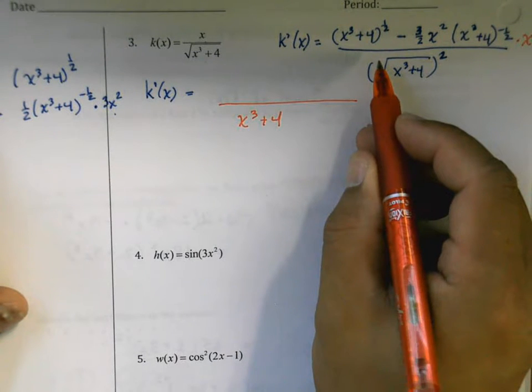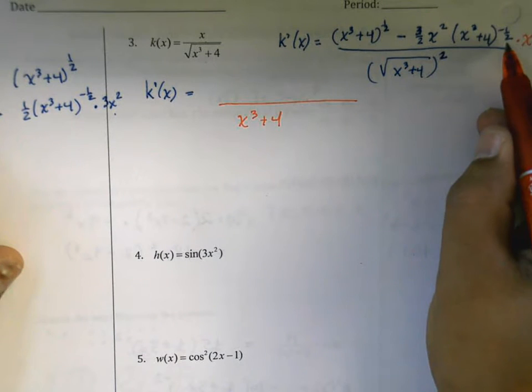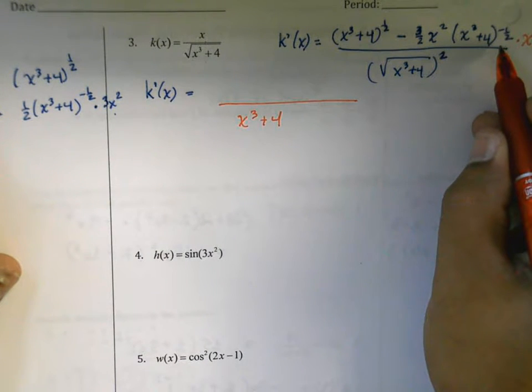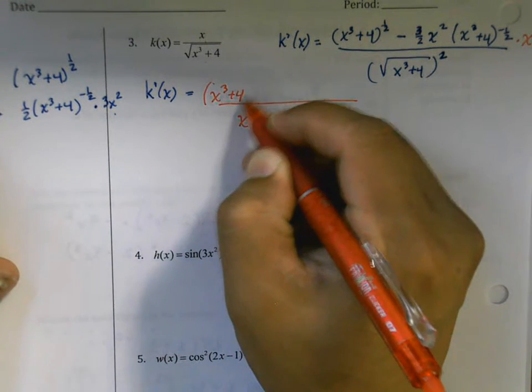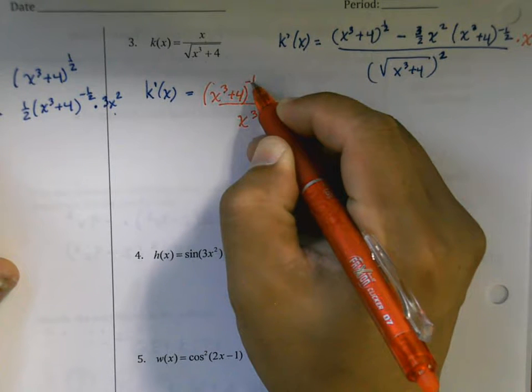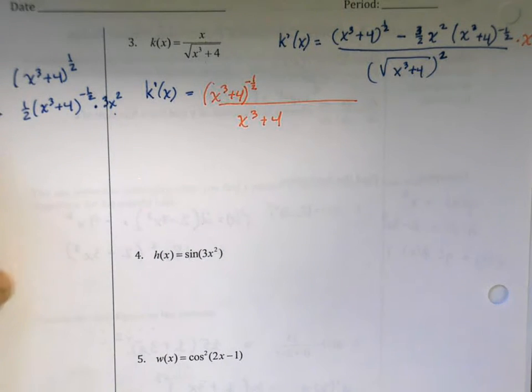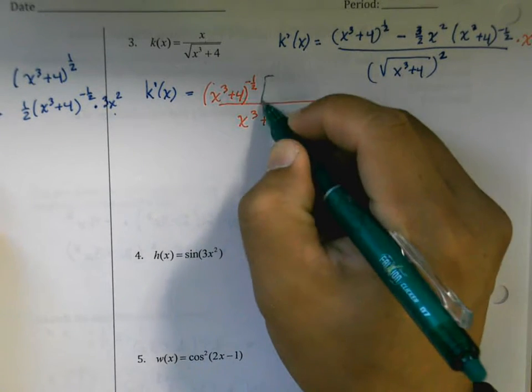So on the top, it's going to seem kind of crazy, but we could actually factor out an (x cubed plus 4) to the negative 1/2. So we're factoring some pretty complicated looking things now.